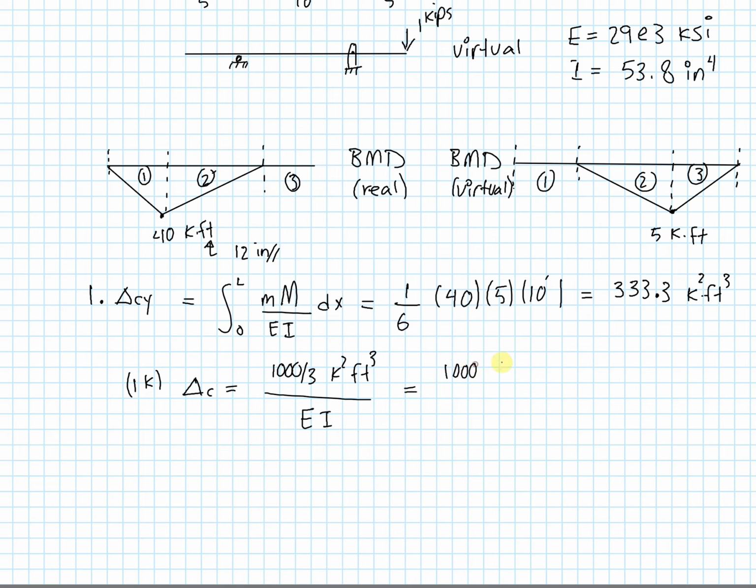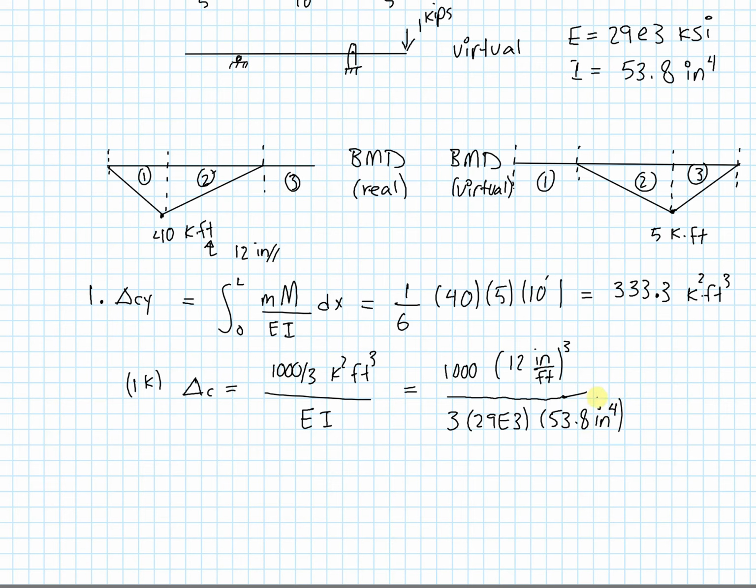So we have 1,000 over 3, times 12 inches per foot, cubed, divided by E times I, where I is 2093.53.8 inches to the power 4.